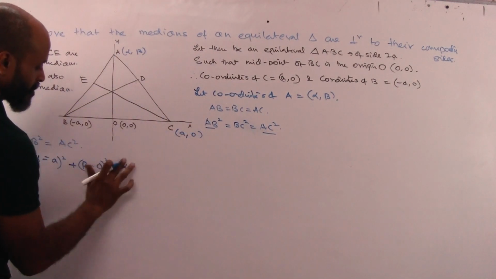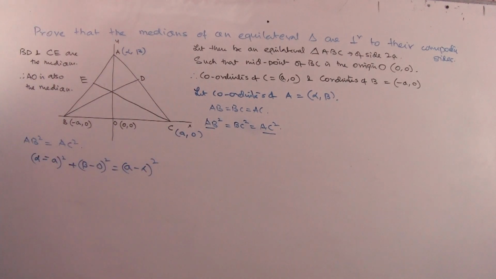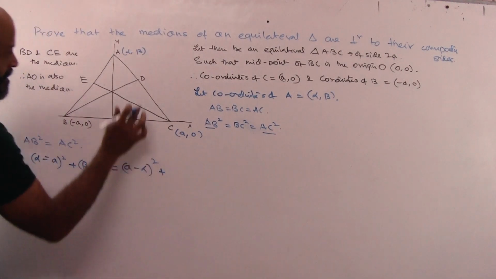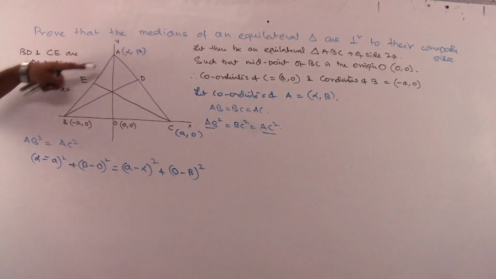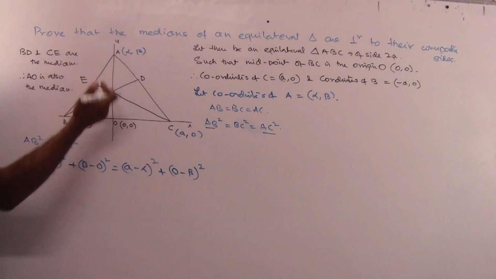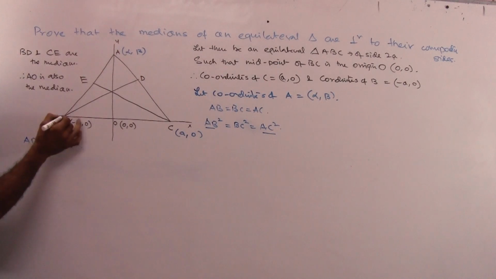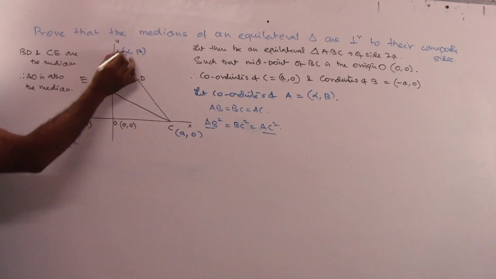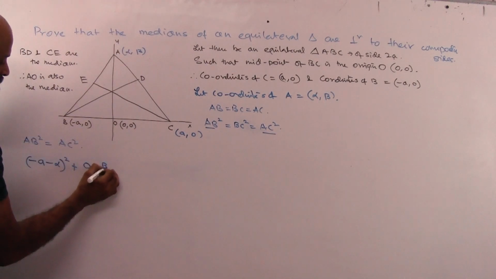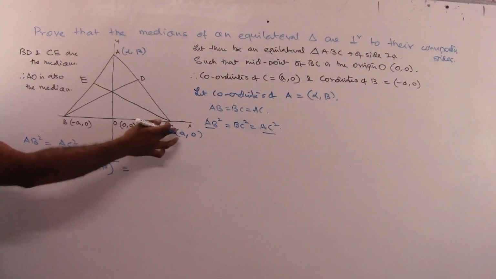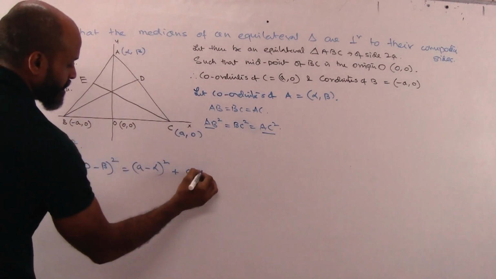So A minus alpha square plus 0 minus beta square. So AB square here we have minus A minus alpha square plus 0 minus beta square is equal to AC square, A minus alpha square plus 0 minus beta square.